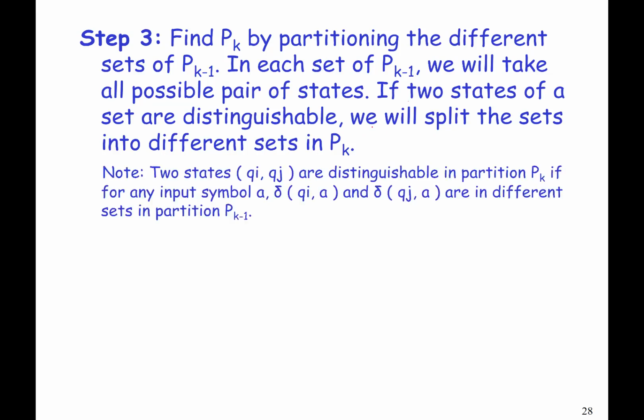So two states qi and qj are distinguishable in pk if for any input symbol a, the transitions to the next state are in different sets in the partition pk minus 1. That means they are distinguishable on the next input.